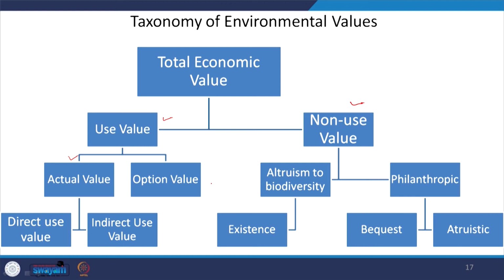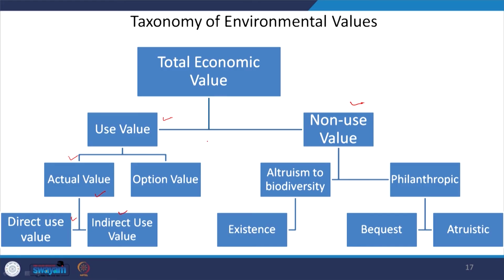We will describe with examples what these values are. And again this actual use value is of two types, direct use values and indirect use values. And sometimes we say this actual use value can be conjunctive or non-conjunctive, which is also possible.